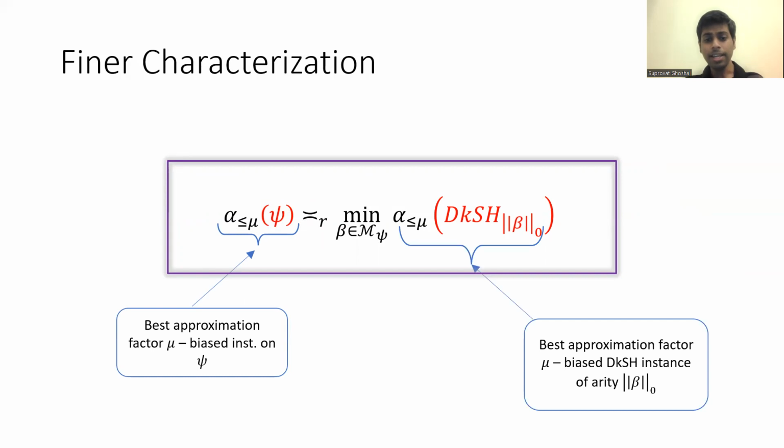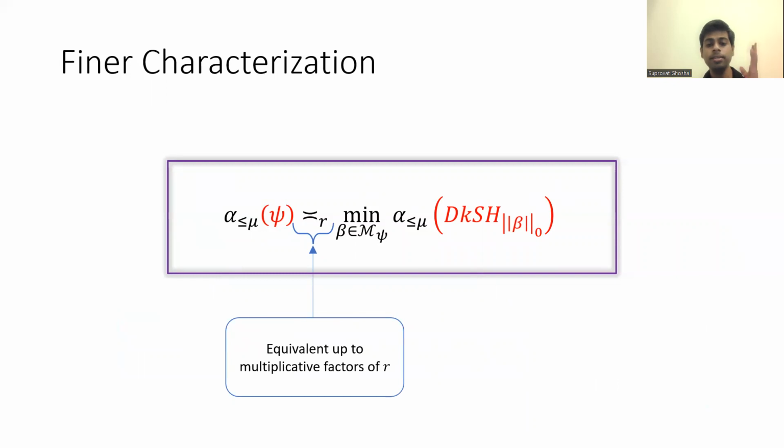And the right side is minimizing over choices of betas, where betas are minimal accepting strings. And it's looking at the Densest-k-SubHypergraph bias approximation curve of the arities given by the weights of these strings. And the asymptotic notation in the middle is just saying that the two things are related up to multiplicative factors of R.